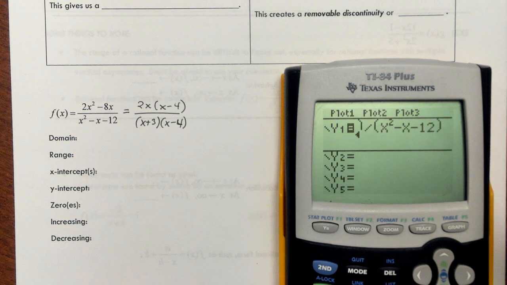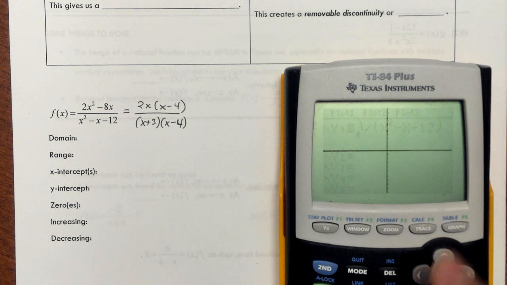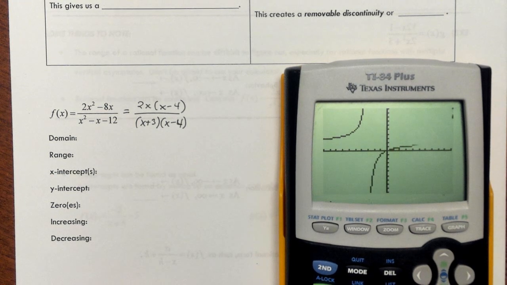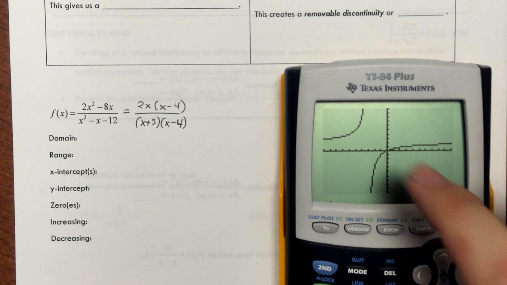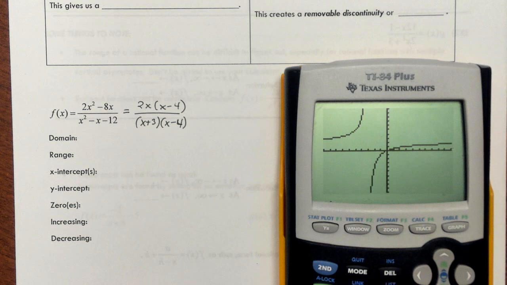Okay? And then if I do this, I can go to the graph, and I can see that my curve should look something like this, my two curves, so what we call a hyperbola. But this discontinuous function should have a graph that looks something like this.